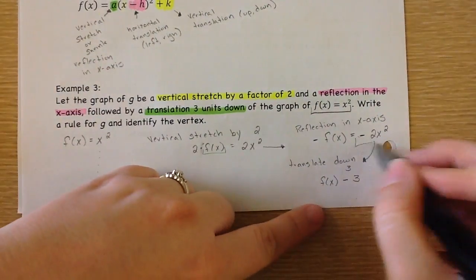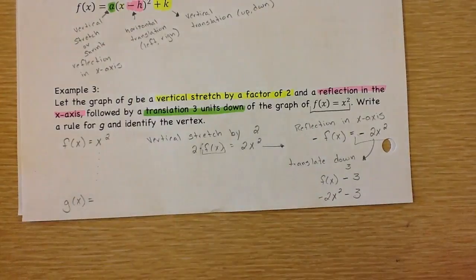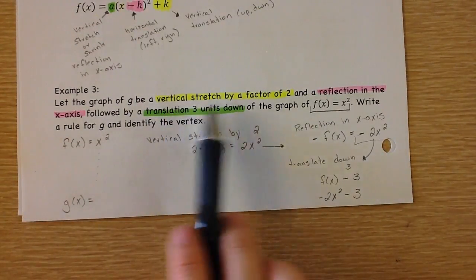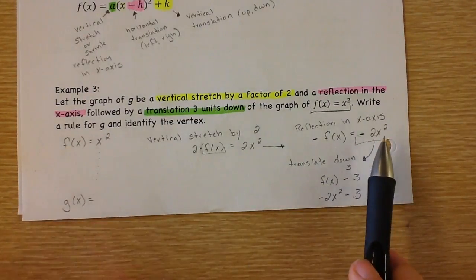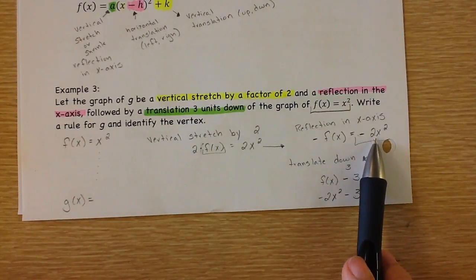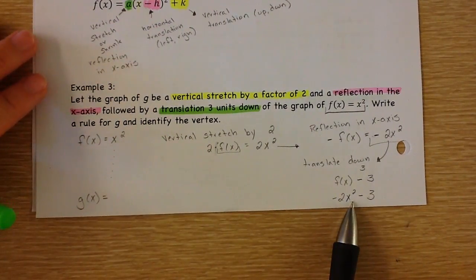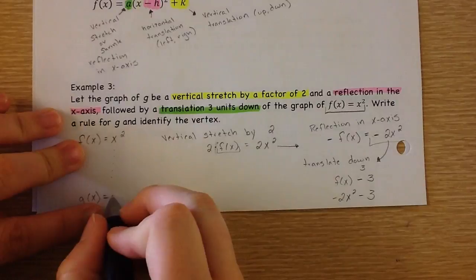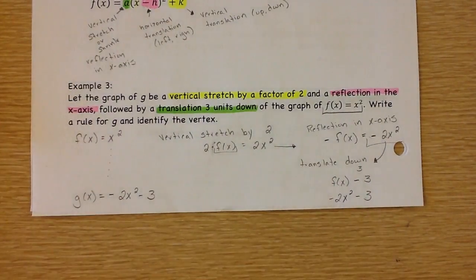So I take my new function, negative 2x to the second, and subtract 3 on the end. Did I do a vertical stretch by 2? Yeah, it gave me that. And then a reflection in the x-axis? Yep. And then translated 3 units down? Yep. So that is my new g. My new g is negative 2x squared minus 3.